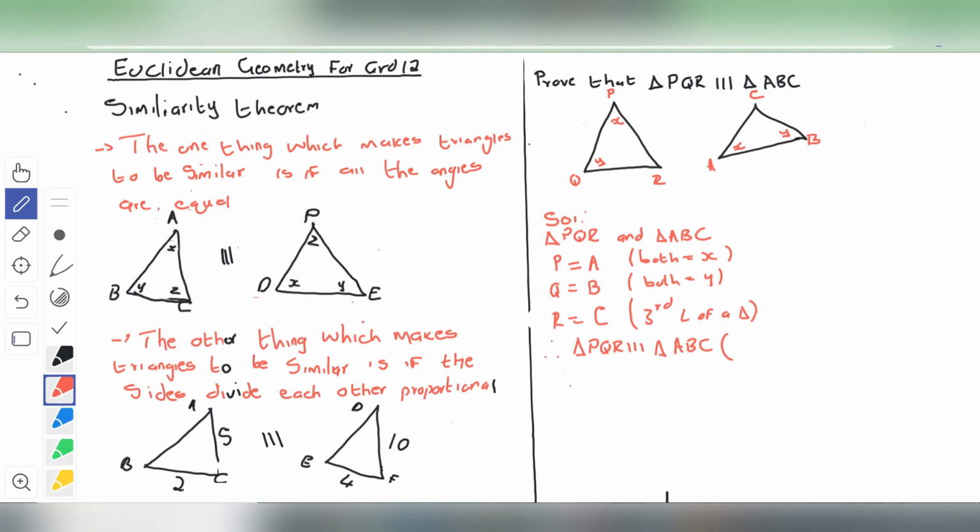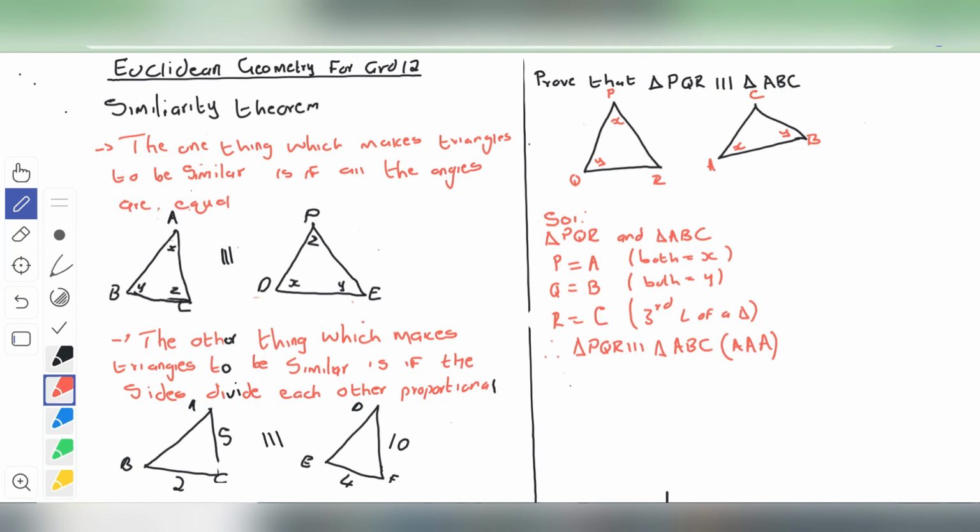You check, you firstly proved what? It was the angle, right? Therefore, you write angle. The second one was the angle also, so you write angle. The last one was angle also, so you write angle. That's it.